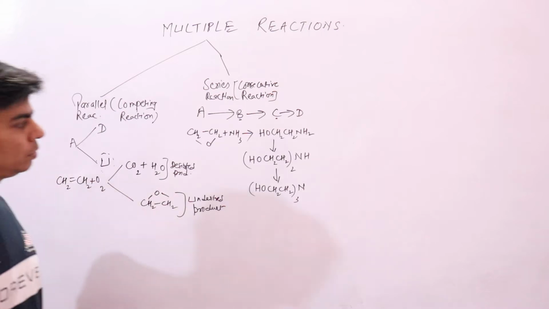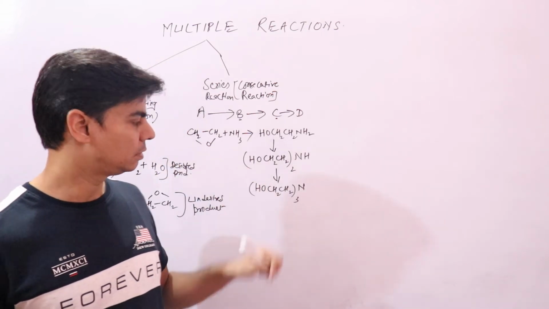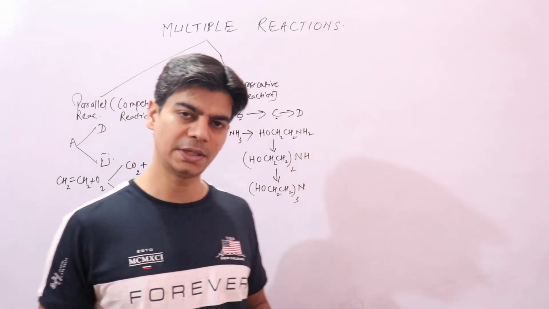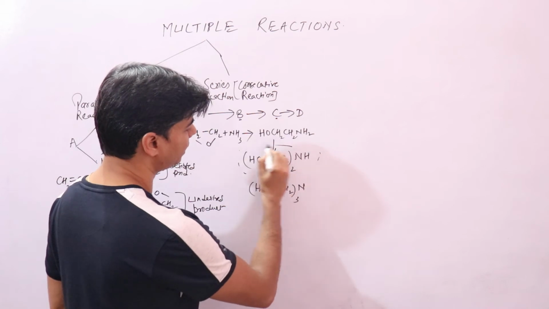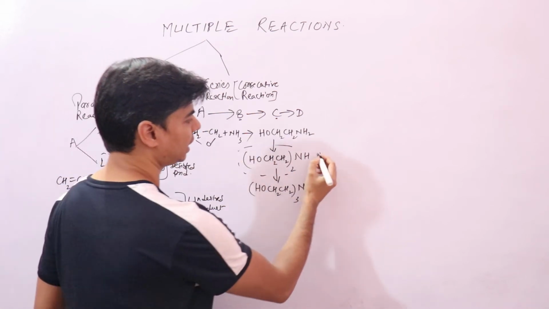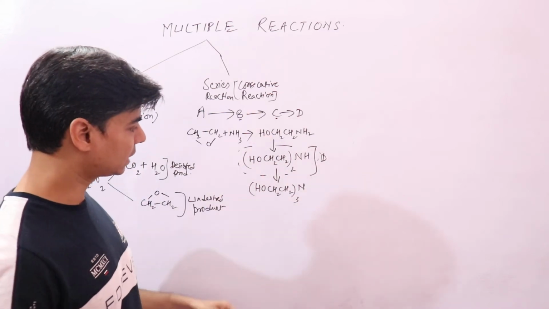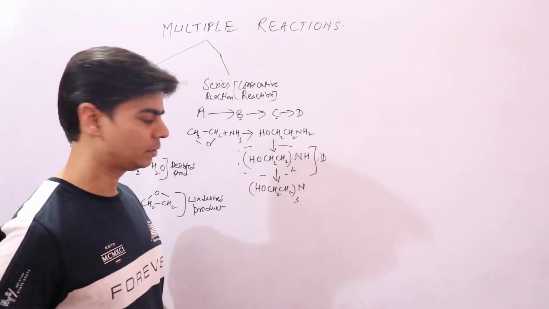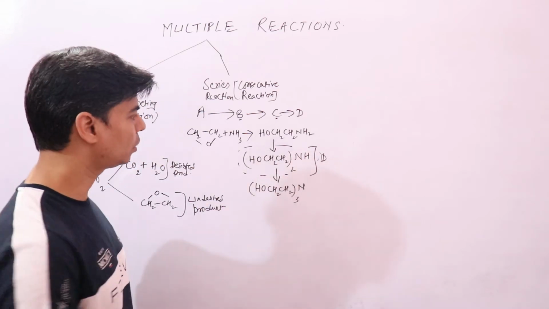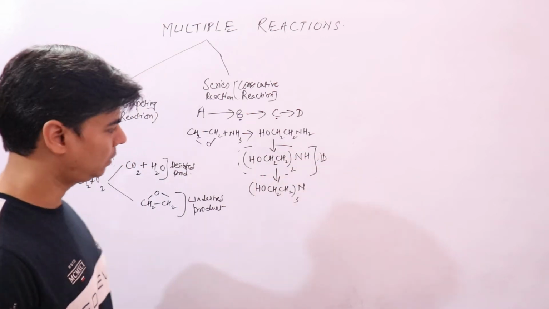Now when we carry out this industrial reaction, mainly the product required is this diethanol amine. This is the desired product, right? So you have to carry out this reaction in such a way that the reaction stops at this stage. This will not take place, or minimize the formation of monoethanol amine, right?